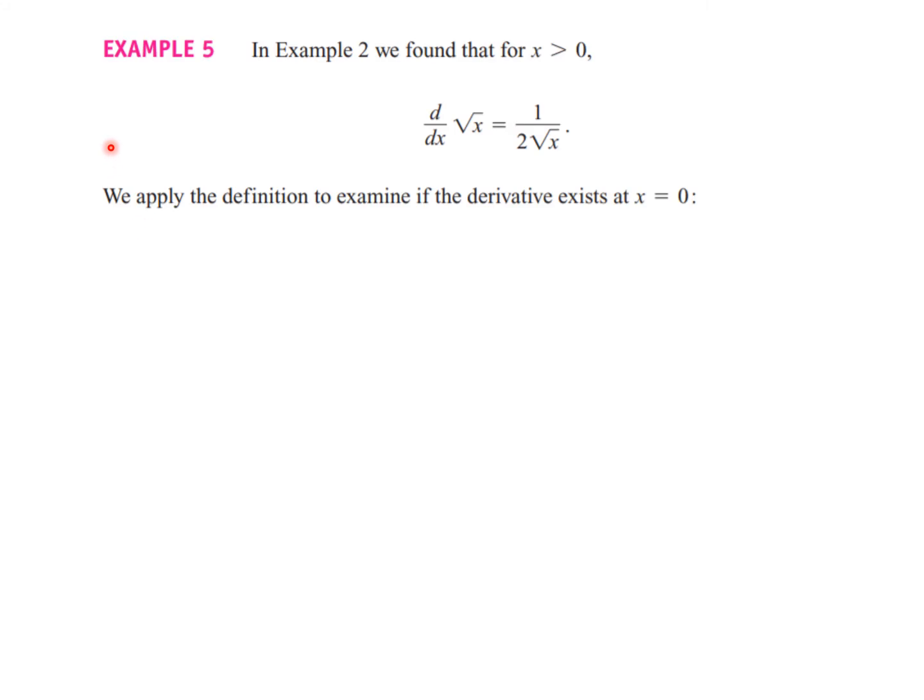We will now go ahead and look at example 5. In example 2, we found that for x greater than 0, the derivative d by dx of square root of x equals 1 over 2 square root of x. We apply the definition to examine if the derivative exists at x equals 0.